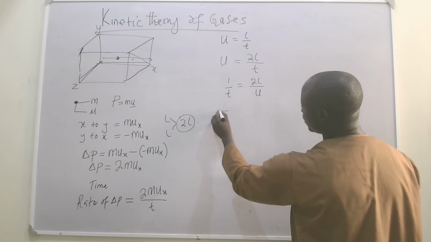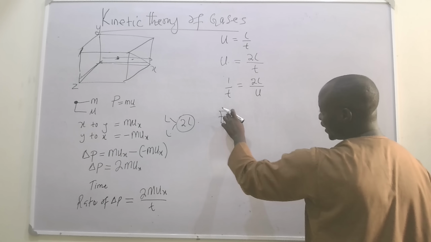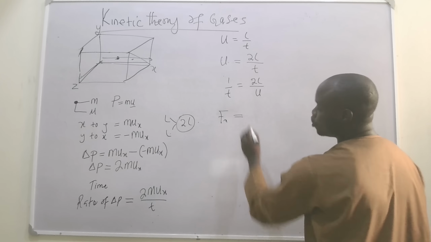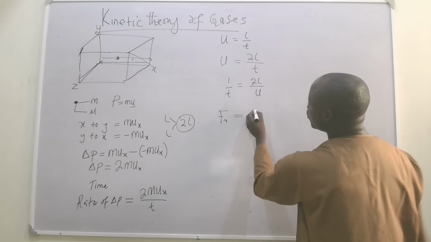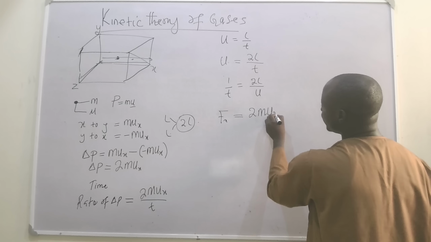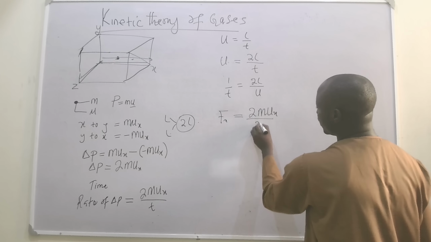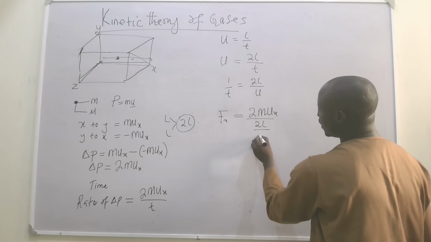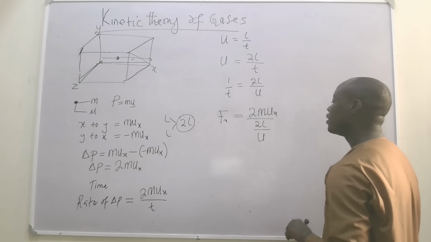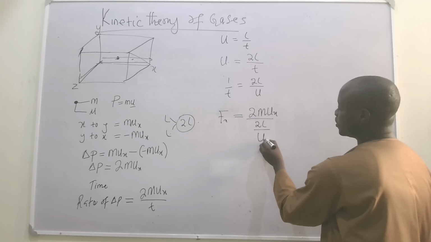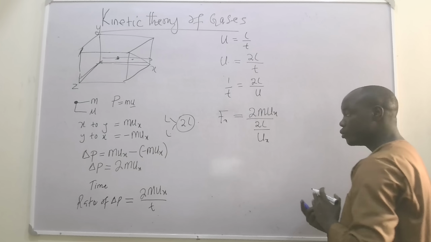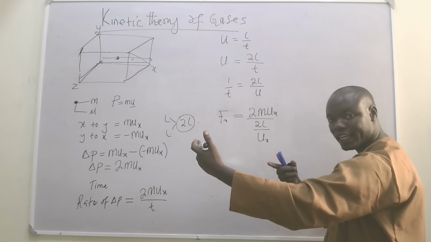Therefore, F_x, the force in the x direction, is going to be 2mu_x, and then we substitute t with 2L divided by u_x. We use x because the force applied is toward the x direction.